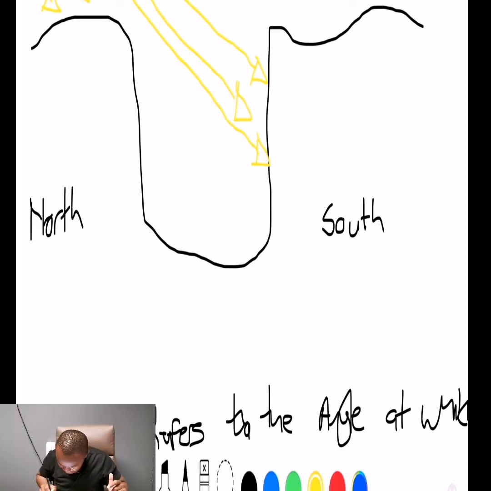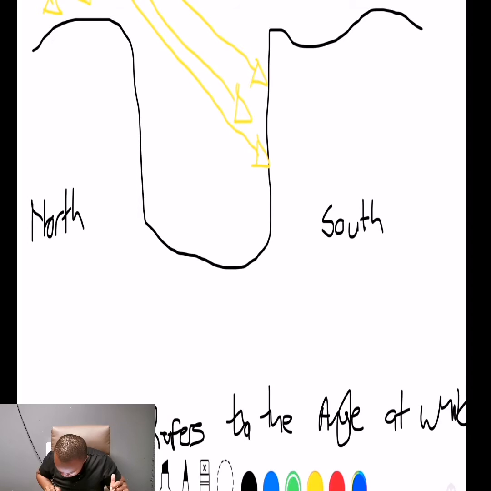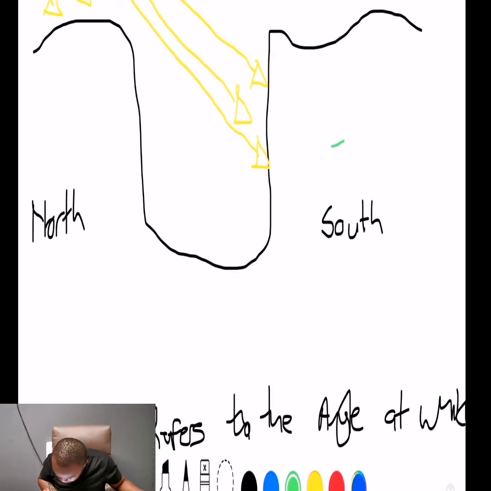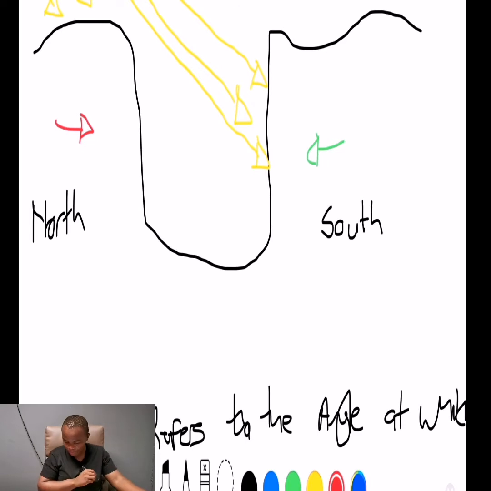Meaning that the south is facing to the north, and the north is facing to the south.